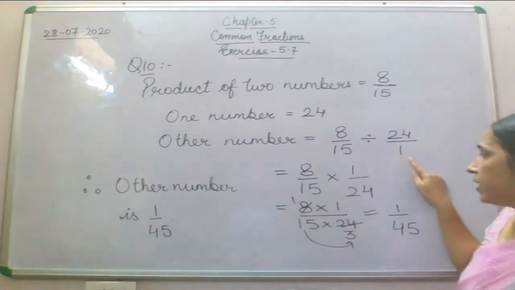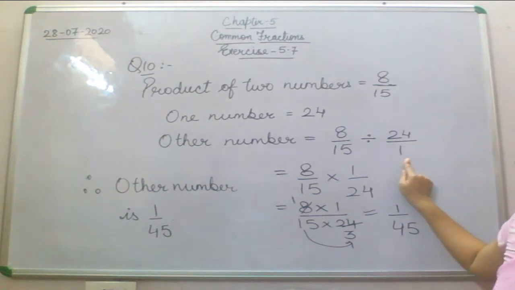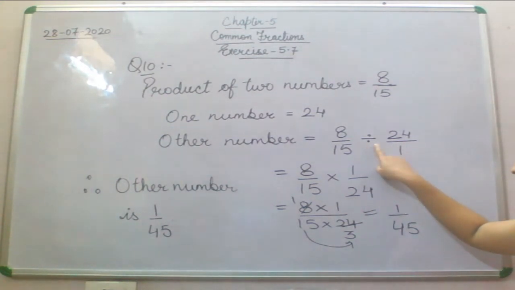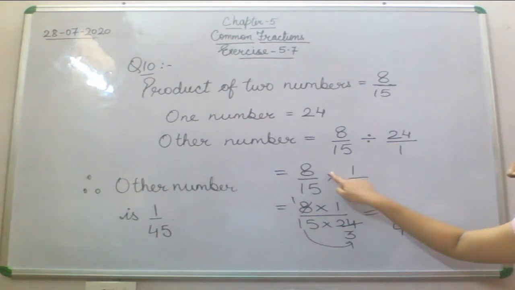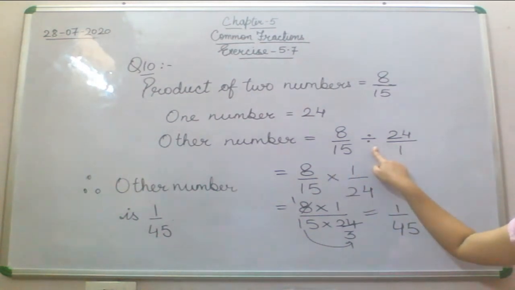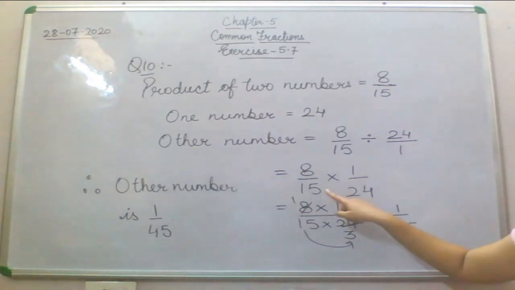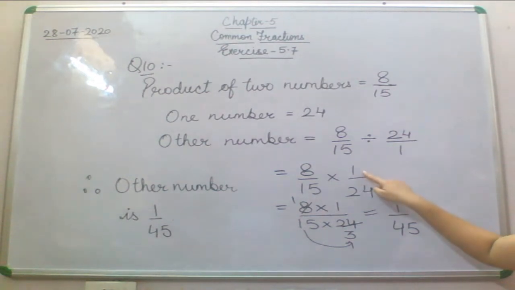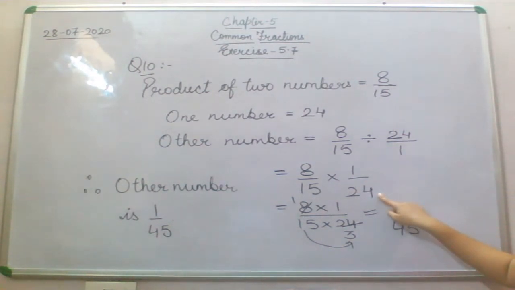Now we don't have anything in the denominator, so what will we write? We will write 1 over there. And this division symbol will be changed into multiplication. And whenever we change this division symbol into multiplication, this fraction, that is 24 by 1, will become reciprocal, that is 1 by 24.